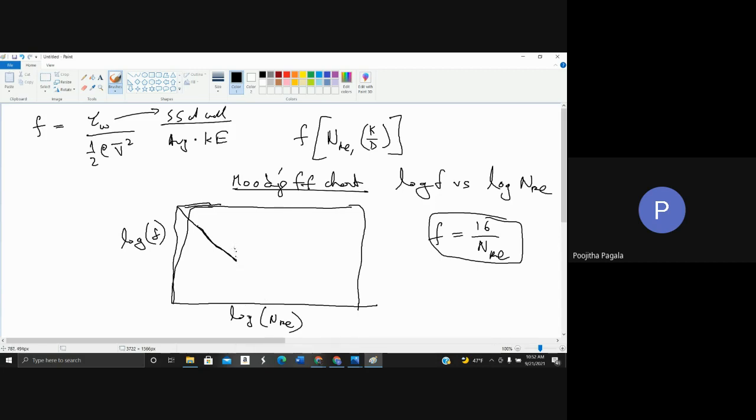And we get several curves like this. Each curve corresponds to a particular relative roughness, K by D. And what you will observe is that at a very high Reynolds number, the friction factor depends solely on the roughness.